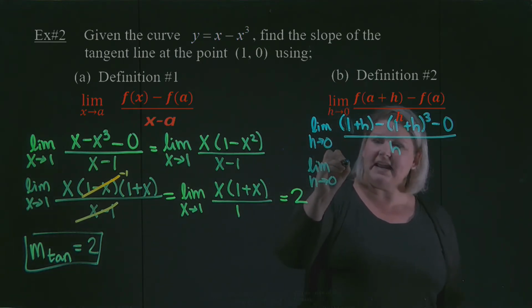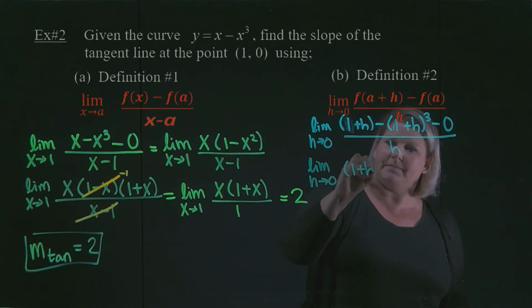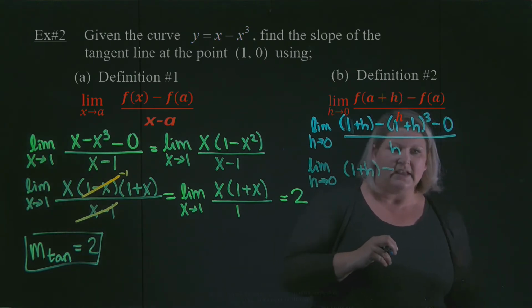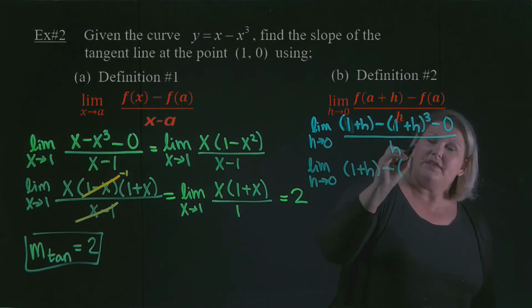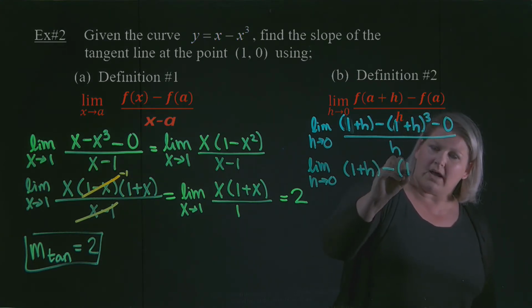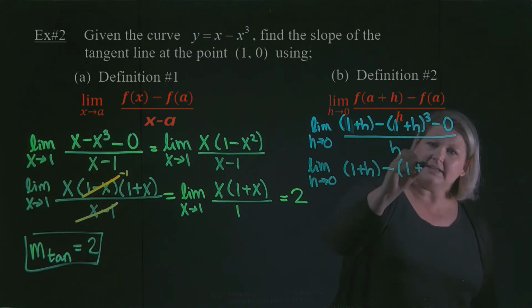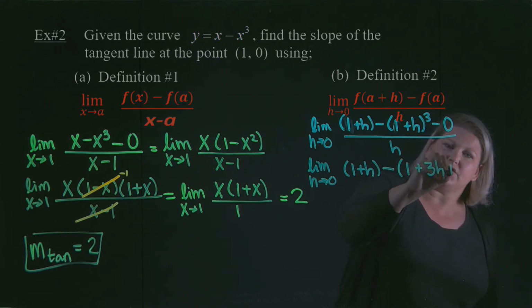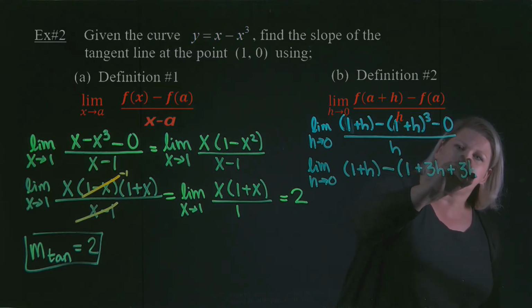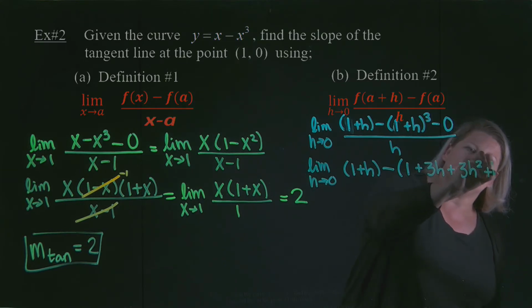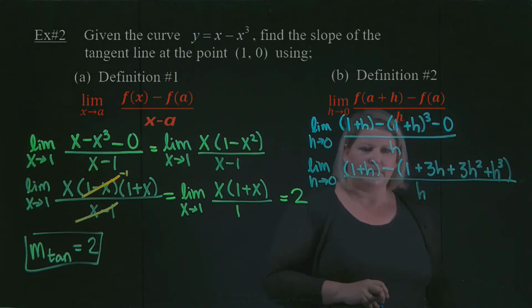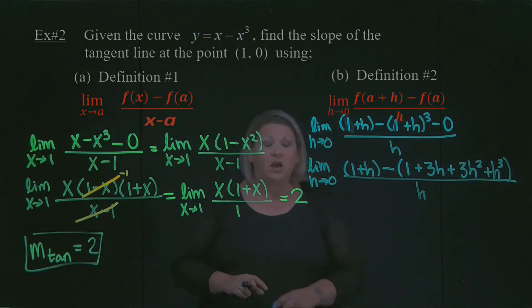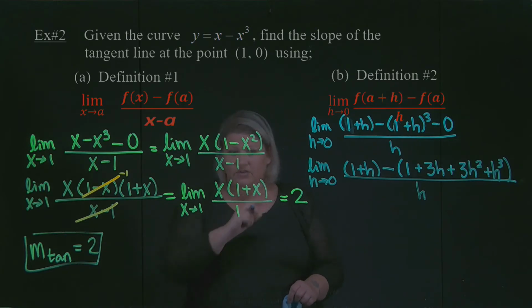Okay, 1 plus h, that just stays the same. Minus. Now I'm going to cube 1 plus h. This will give me 1 plus 3h plus 3h squared plus h cubed. And that's all over h.